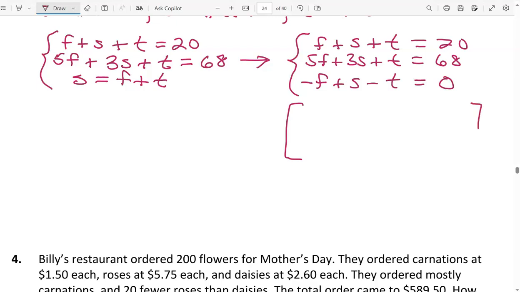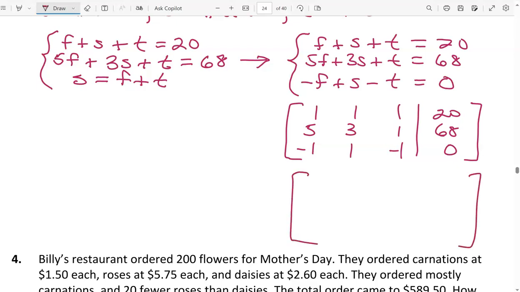Let's write that in matrix form. 1, 1, 1, 20 on our top row, 5, 3, 1, 68 on the middle row, negative 1, 1, negative 1, 0 on the last row. When we get the reduced row echelon form, the left side should look like a series of diagonal ones with all the other entries being 0.